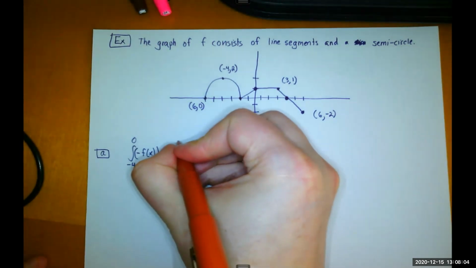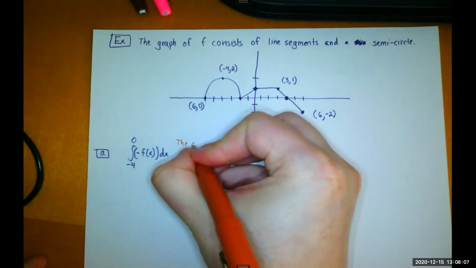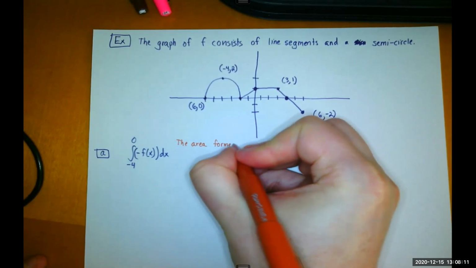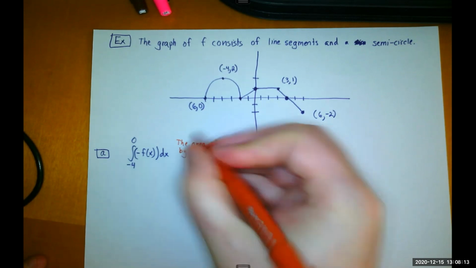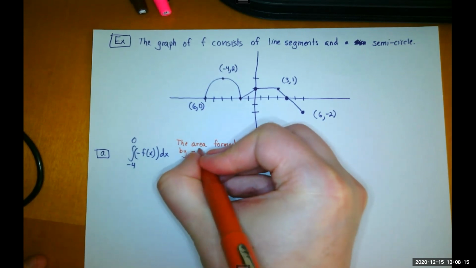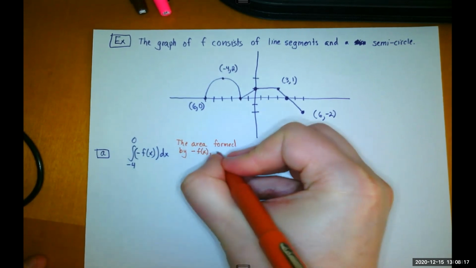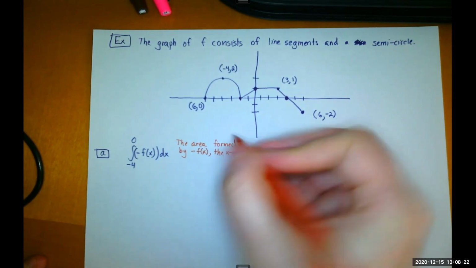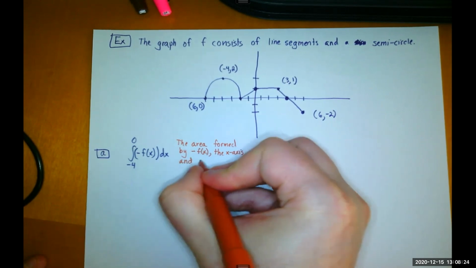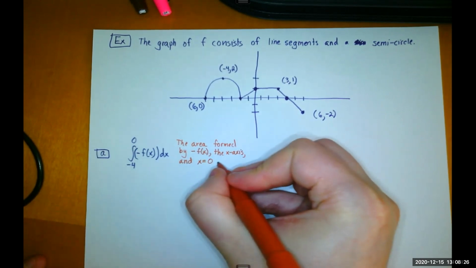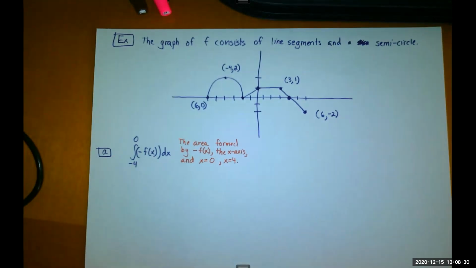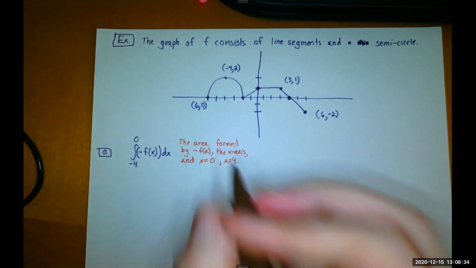So the math I'm going to be doing is I'm going to be finding the area formed by the opposite of f of x, the x-axis, and x equals 0, and x equals 4. So if you're wondering, how do I know that this is the x-axis?